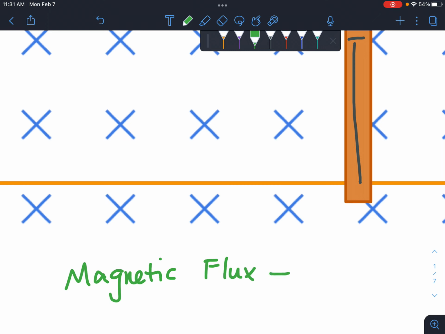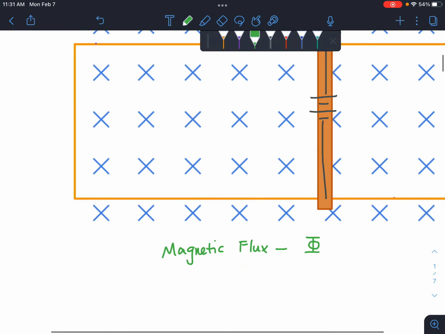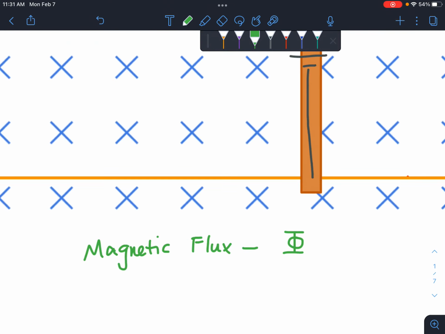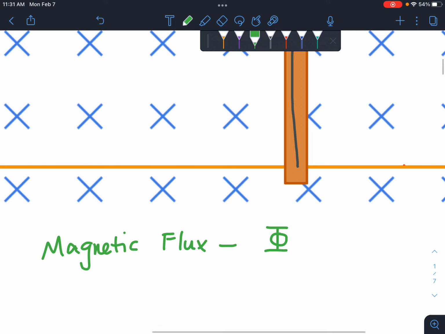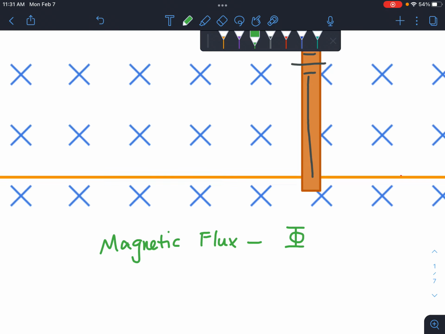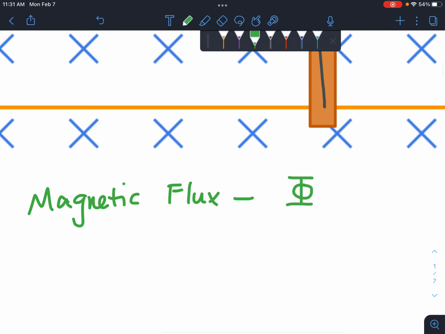And magnetic flux, we give the symbol capital Phi. I don't know, do you call it pi? If you call it pi, then you probably should call this phi. Anyway, we call it magnetic flux. And this is essentially equal, the main idea, the thing that you can call this is the number of magnetic field lines that go through an area.